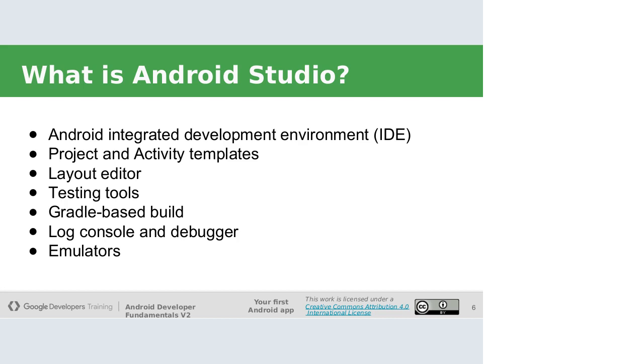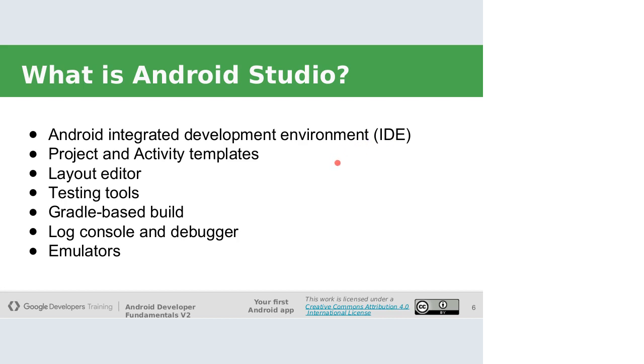We can start by looking at what Android Studio is. It's an integrated development environment. By that we mean that you get everything you need to develop your application at one point. You can think of it like a mall, where you are able to get everything you need under one roof. That's what we mean by an IDE.